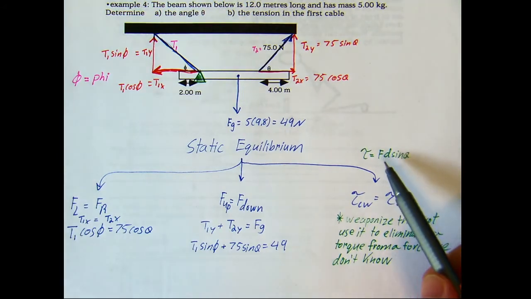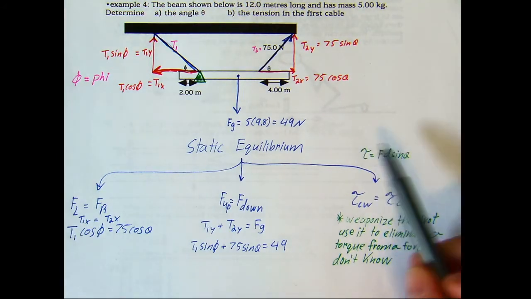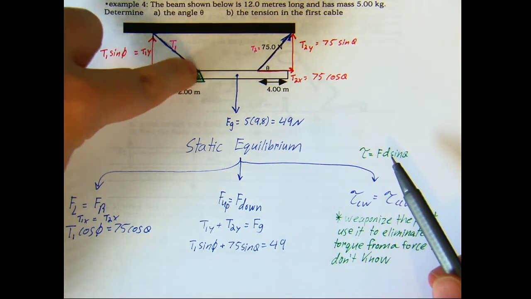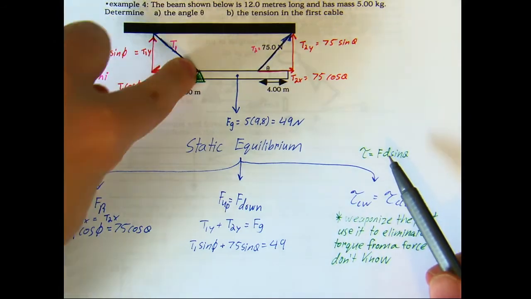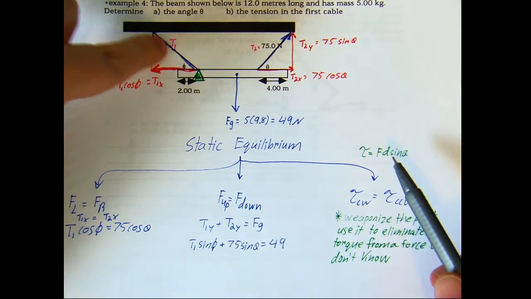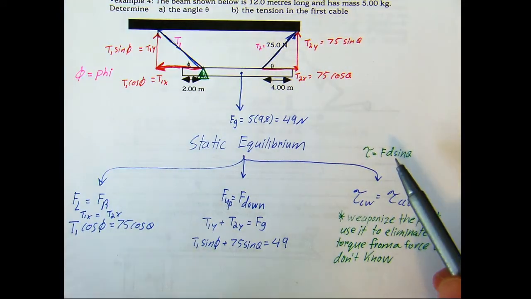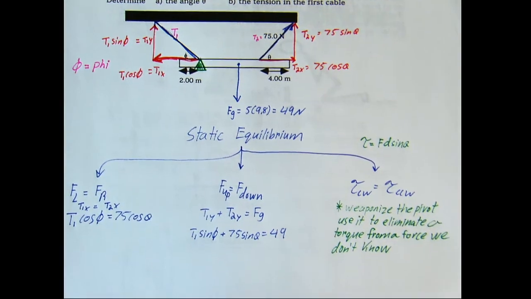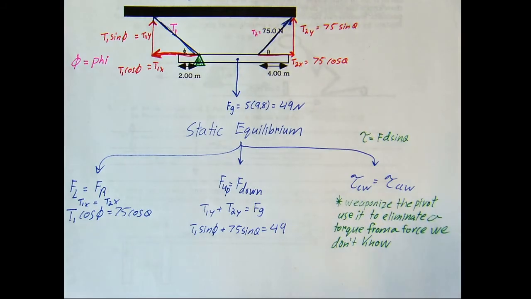So if the distance between the pivot and where the force acts is 0, there is no torque from that force. Because we don't know that force, we want to put the pivot there. So let's use what we've got and manipulate the torques here.